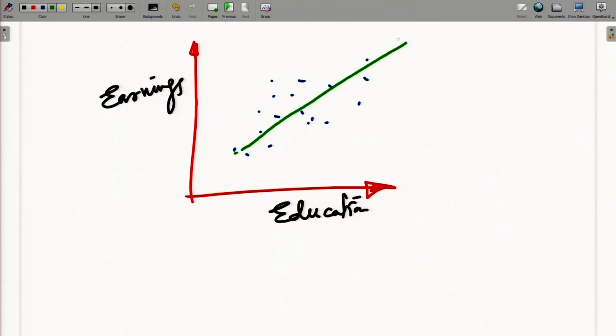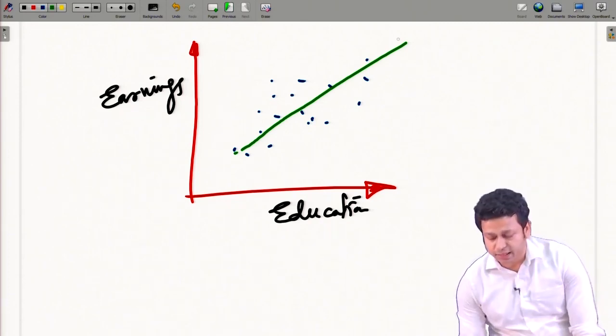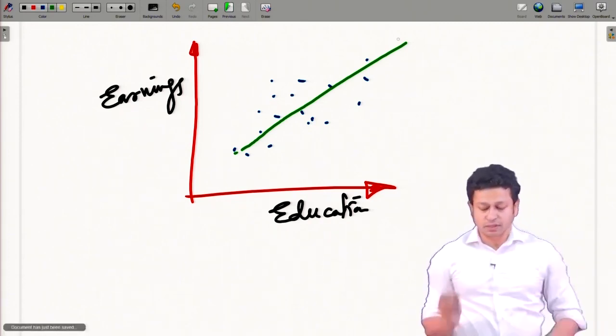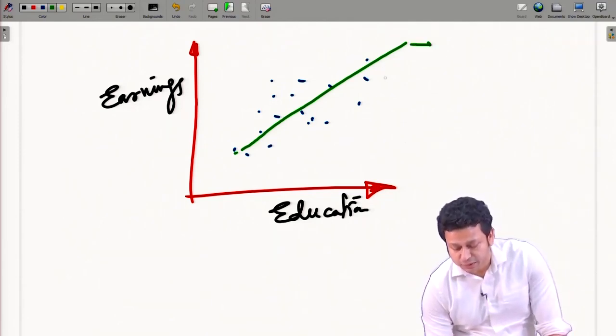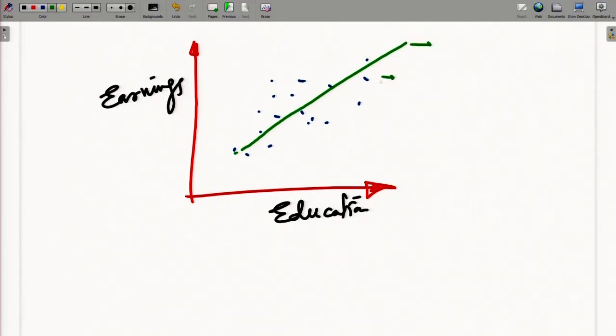Now, when I draw this regression line, when I have the scatter plot, I know something called the correlation coefficient. In general, we calculate the correlation coefficient.